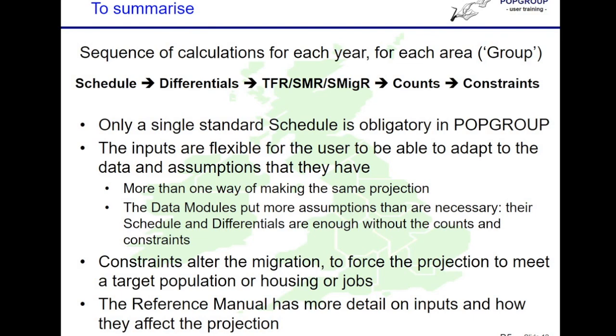So the schedule and differentials provided within the input files are enough to reproduce those projections without the counts and constraints that are also provided. The constraints alter migration to force the projections to meet a target population or housing or jobs, as I mentioned earlier, and the reference manual has more detail on these inputs and how they affect the projections themselves.